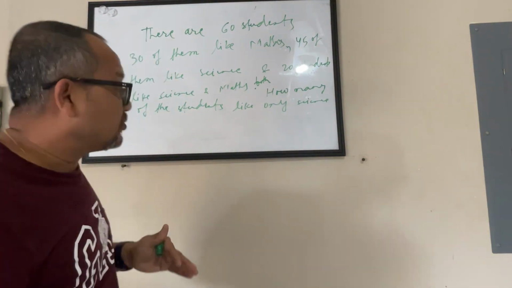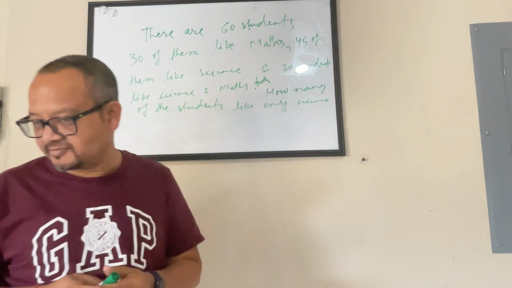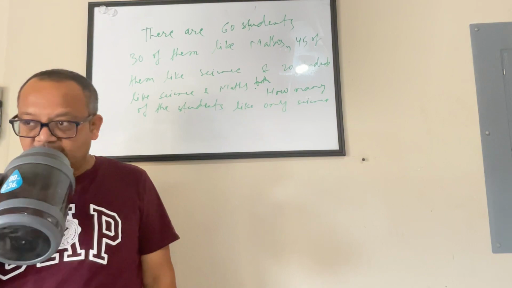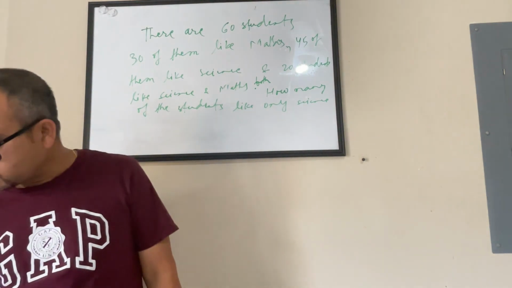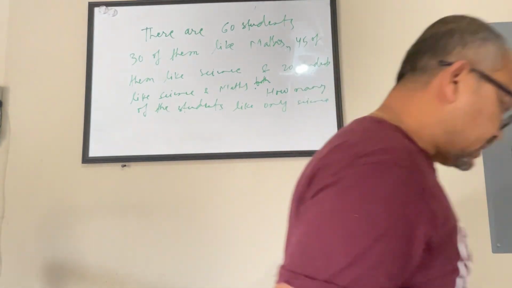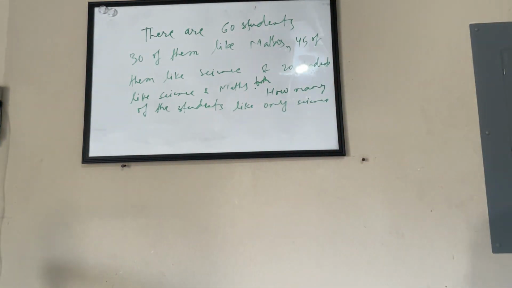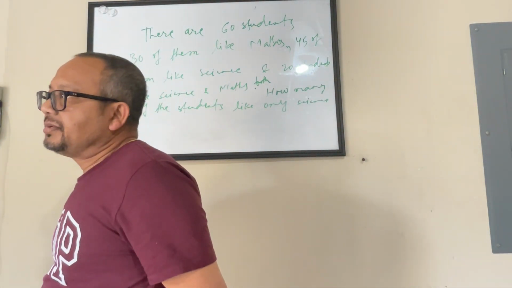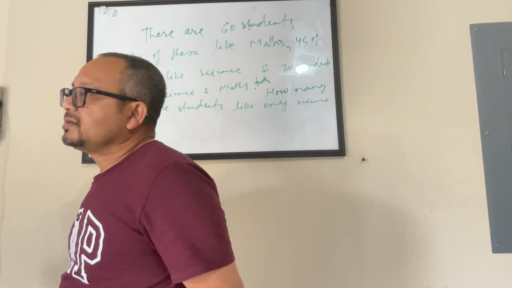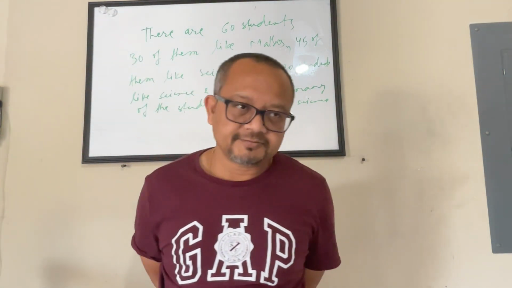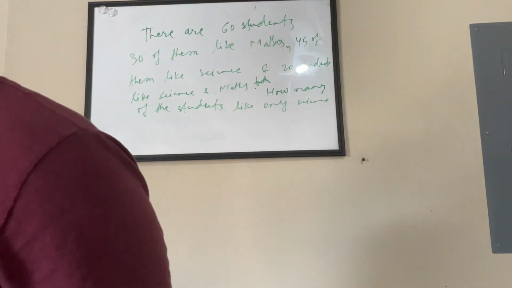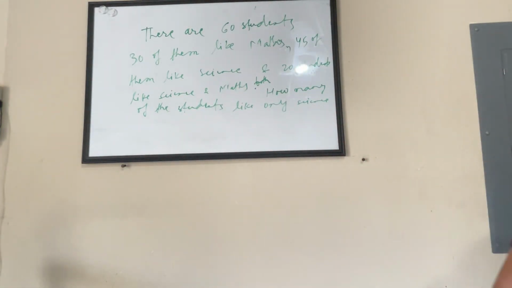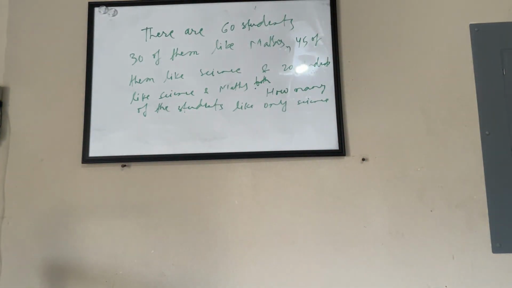How many of the students like only science? Think about it. Can you try doing it? The clue that you have is you can use a Venn diagram to simplify this. You can try it out.